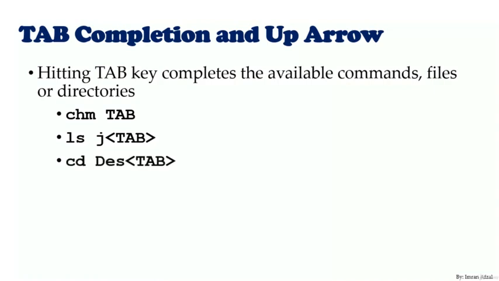Then you have cd des. So if you do cd des and hit tab, it will bring you all the directories that match the first three letters, uppercase DES. So basically the tab makes the typing a lot easier in Linux, so you don't have to run the whole long commands again and again.